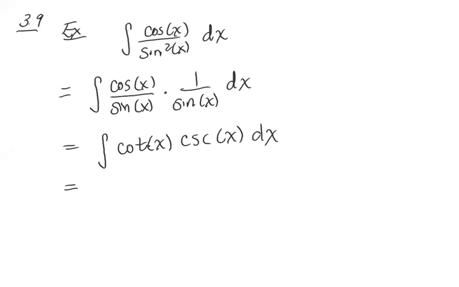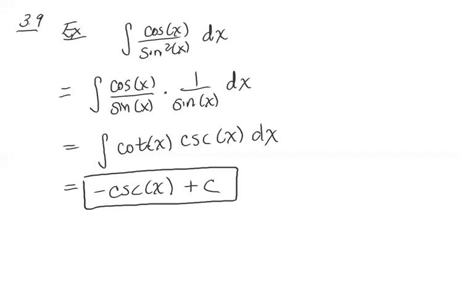I know that the antiderivative of cotangent times cosecant is equal to negative cosecant of x plus c, of course, because I'm taking the indefinite integral. All right. So that is one example of how we had to rearrange the function so that it fits the form of a rule that we have to apply rules of antidifferentiation.